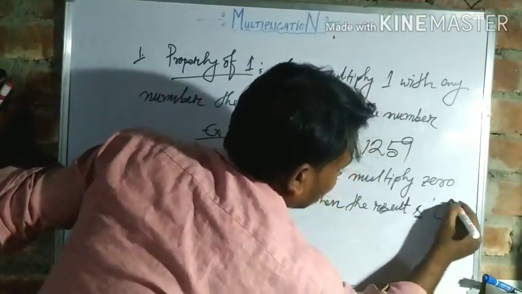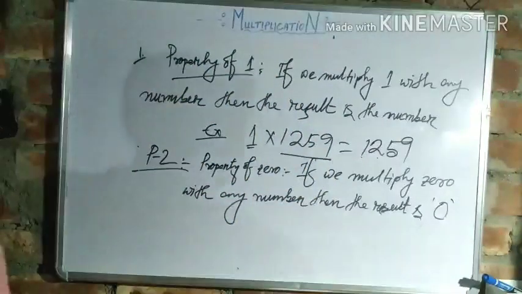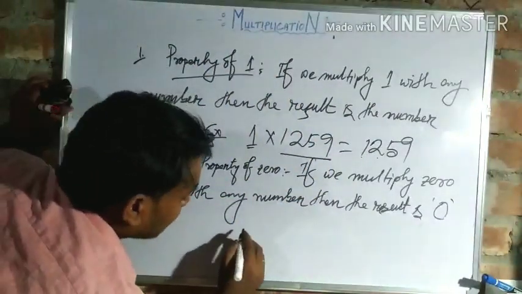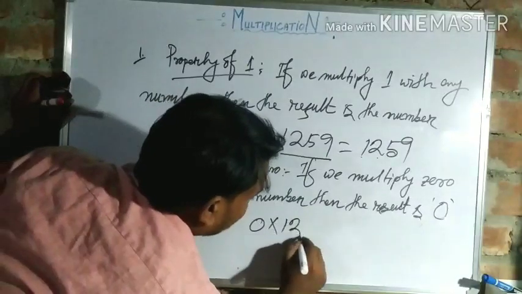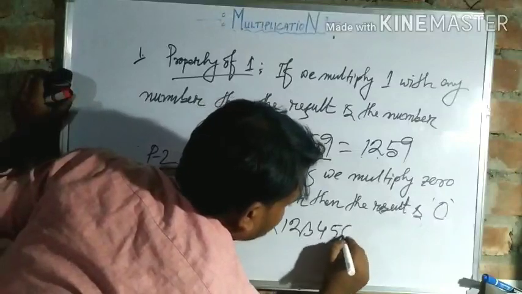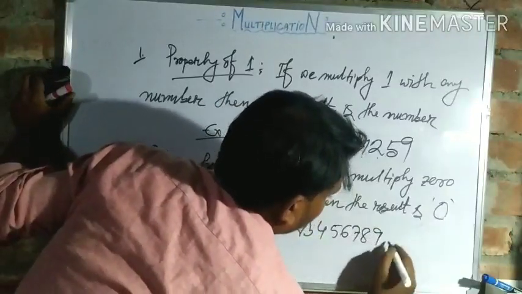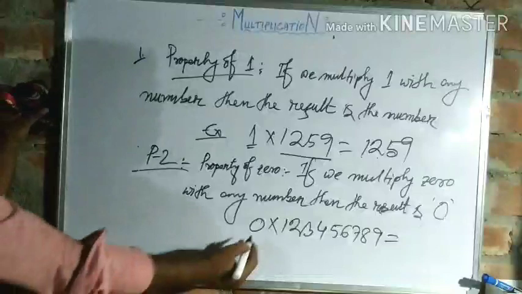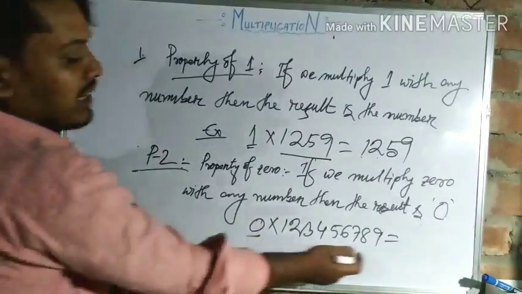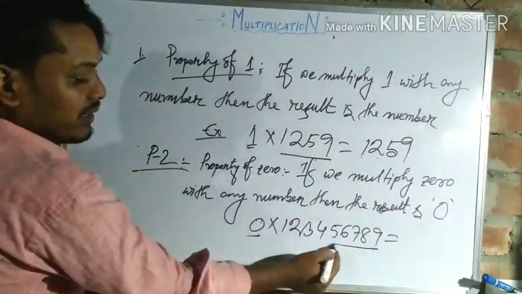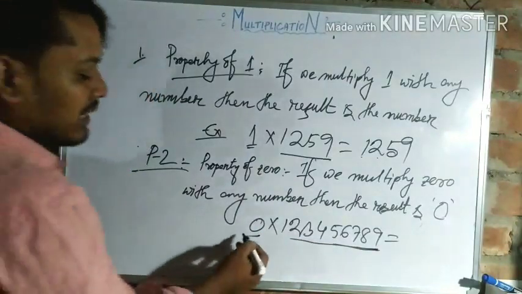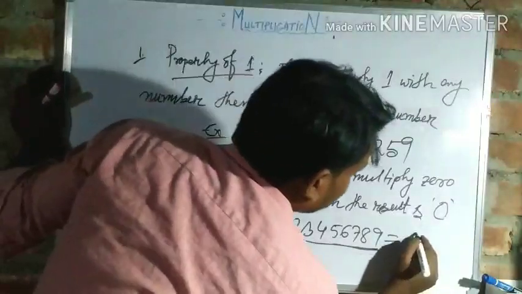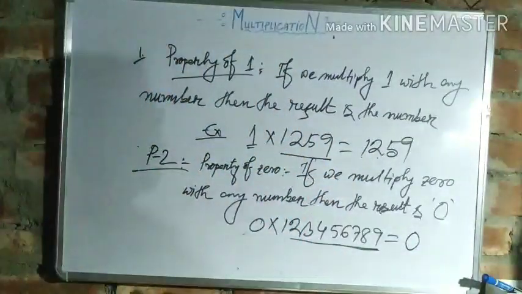That means 0 into 1, 2, 3, 4, 5, 6, 7, 8, 9 equals what? It does not matter how large the value is. If we multiply 0 with any number, the value is 0. It is property number 2.